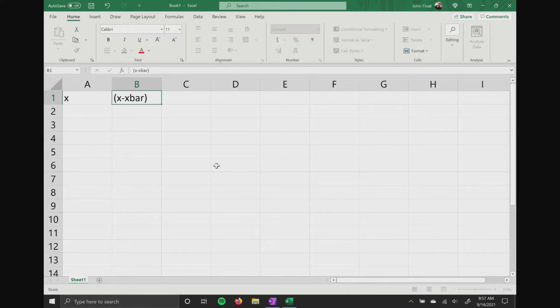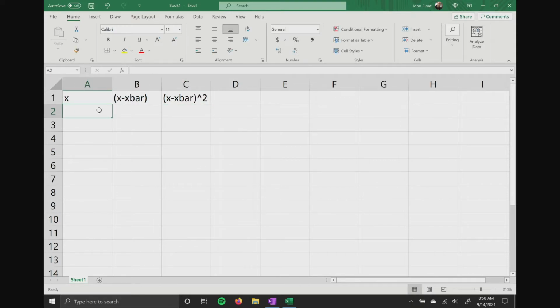So notice here I'm just titling my columns x minus x bar, and then x minus x bar to the second power. Okay? And then I'm going to type in all of my data values.